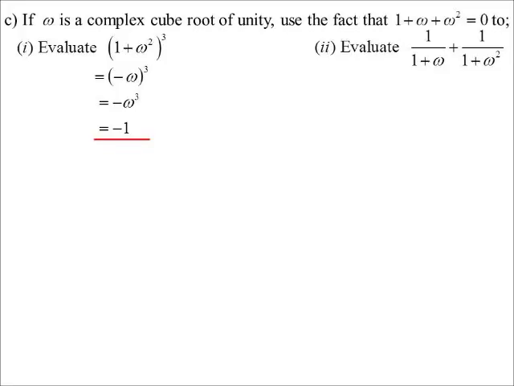Oh, geez, fractions. But hang on, I can make this look a bit nicer, because 1 plus omega would be the same as minus omega squared. And 1 plus omega squared would be the same as minus omega. A lot easier to add these two fractions together. Add them together, I get minus 1 minus omega over omega squared.